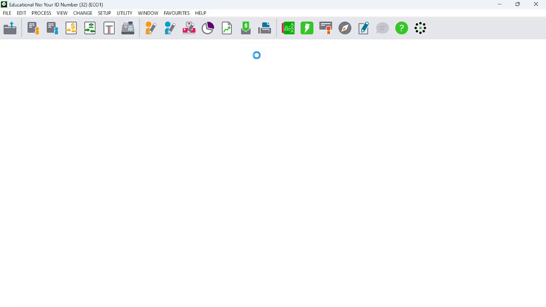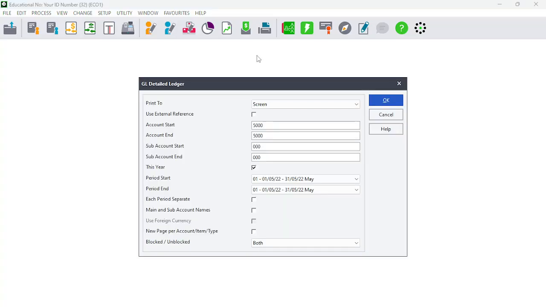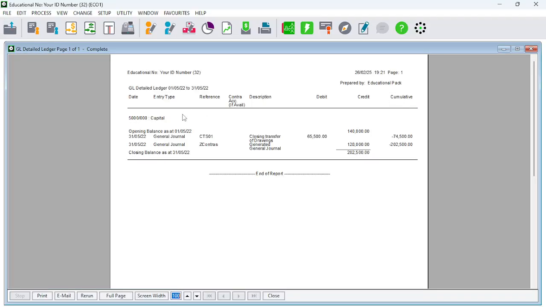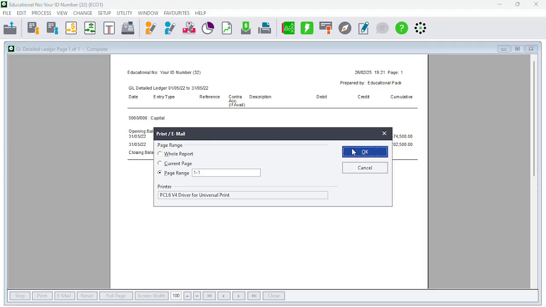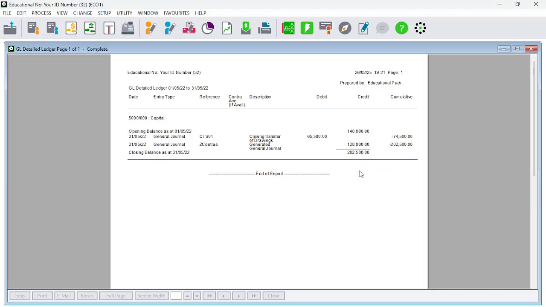Click on detailed ledger as mentioned in the question paper. Find the account that we're looking for, capital, and your period is going to be period 1, and by default it is this year. And we click OK, and this is the share capital, the capital account. We then click print, and we print our document, and that's when they award us 6 marks.